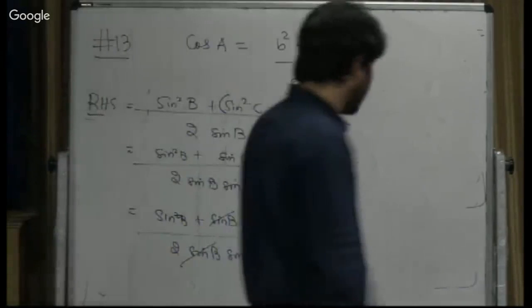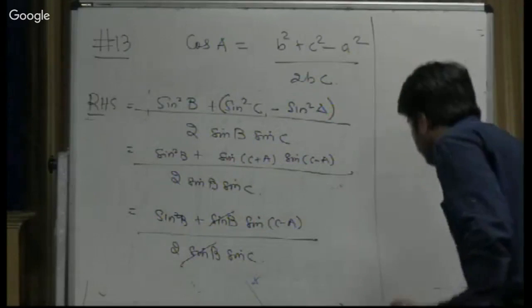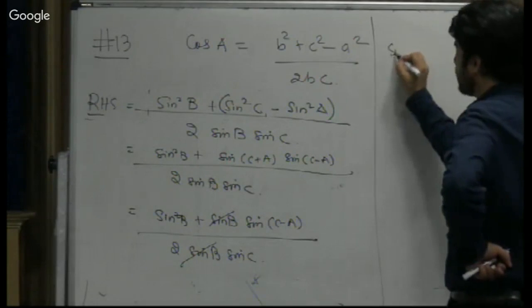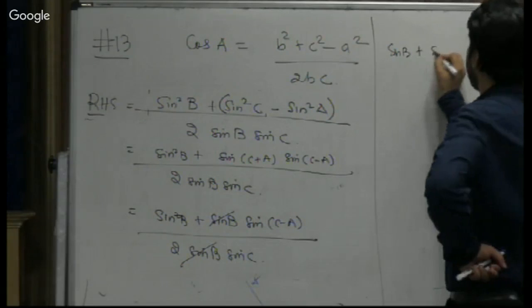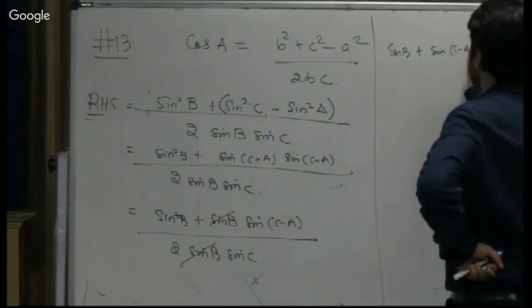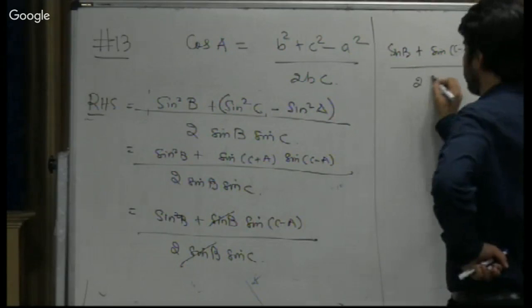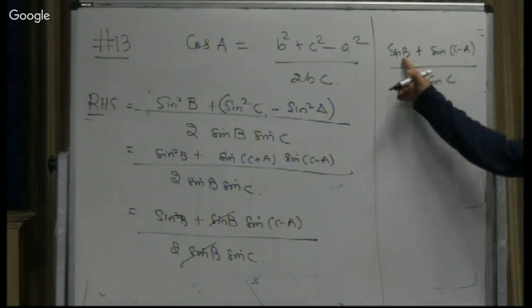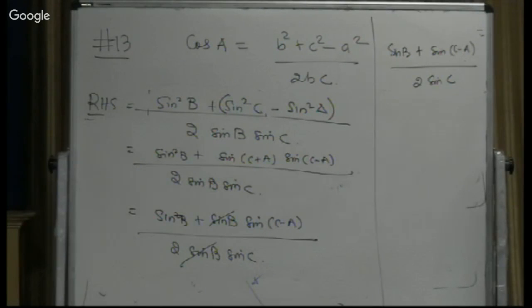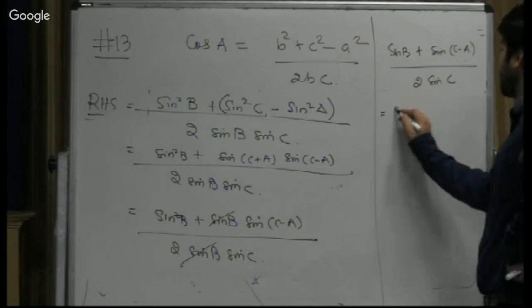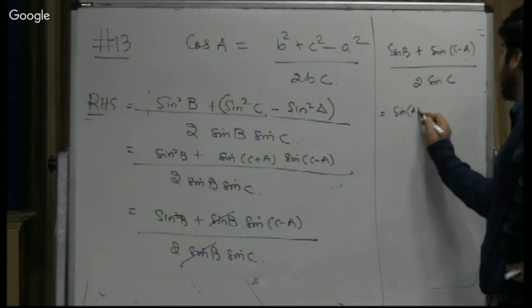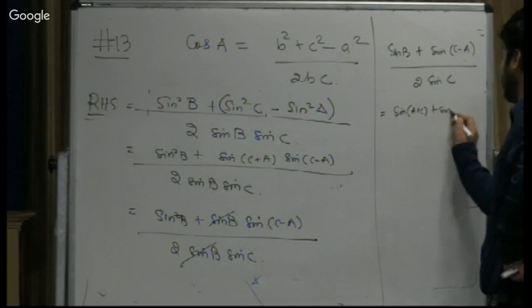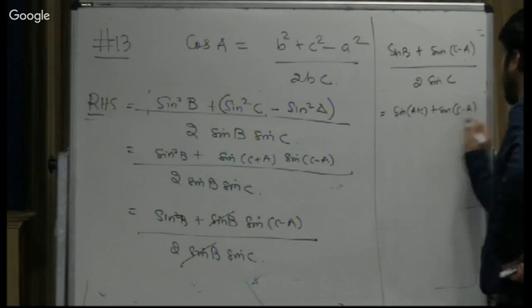So what I am left with is (sine B plus sin(C minus A)) upon 2 sine C. No issue till here? Can I write my sine B as sin(C plus A)? So I write it as (sin(A plus C) plus sin(C minus A)) upon 2 sine C.